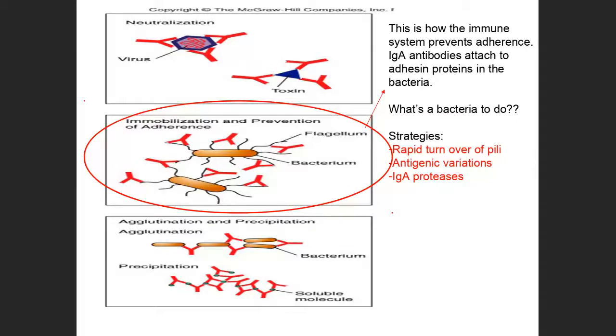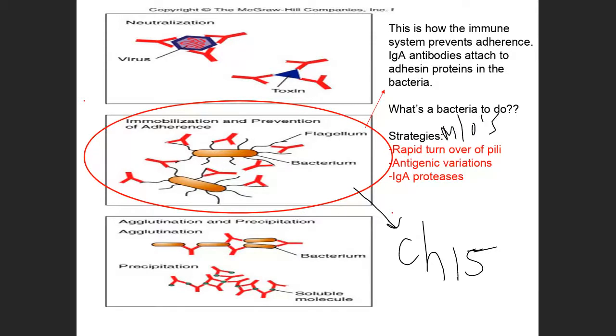We saw these in chapter 15. Okay, so this is what our immune system does. The next question is, how does the microorganism fight off immobilization and prevention of adherence?